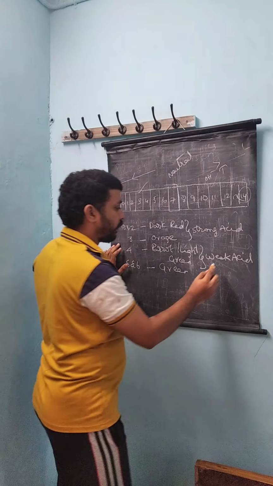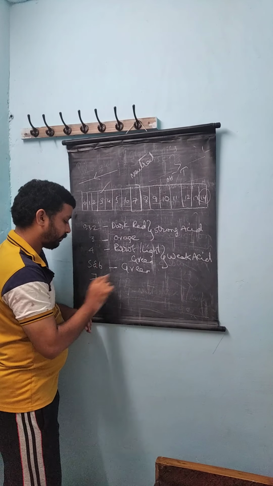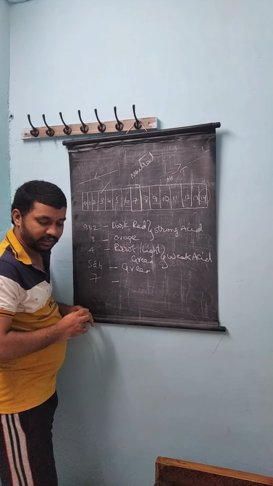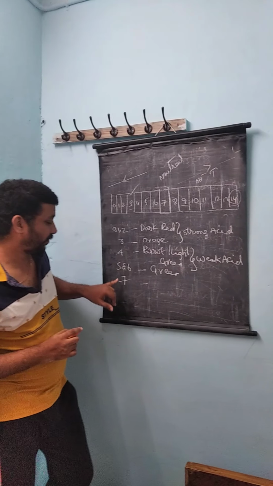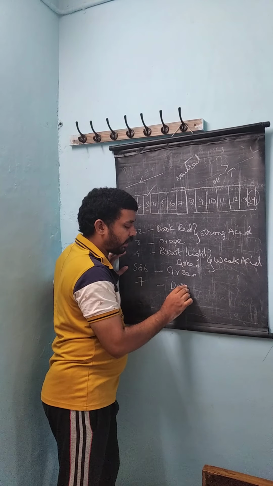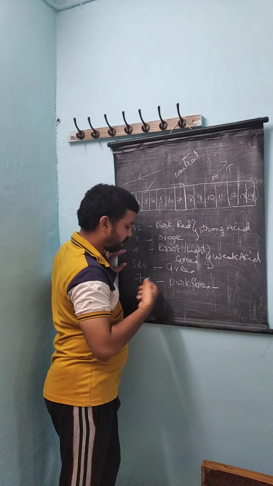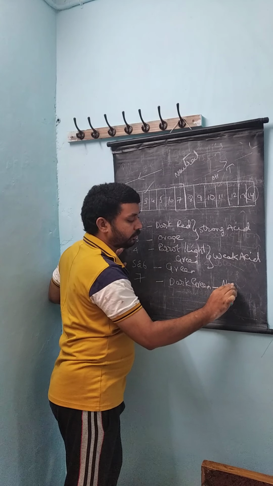Okay, and 7 is neutral. For the pH value of 7, it indicates dark green, and you know that 7 is neutral.